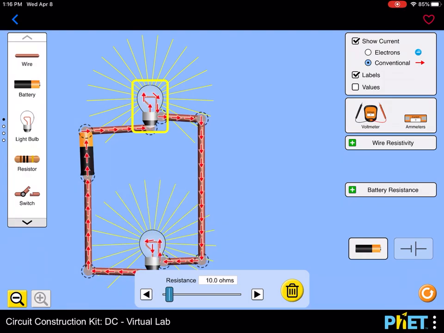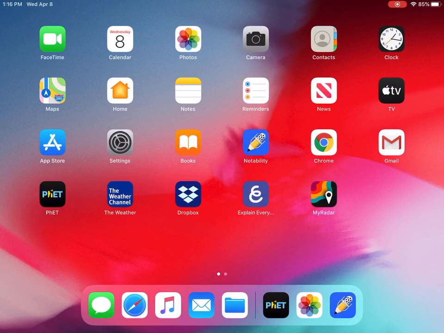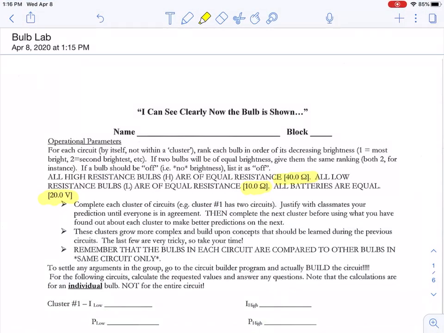So what we're going to look at here: the whole purpose of this lab is to force you to think through how current and voltage and resistance affect the brightness of bulbs.